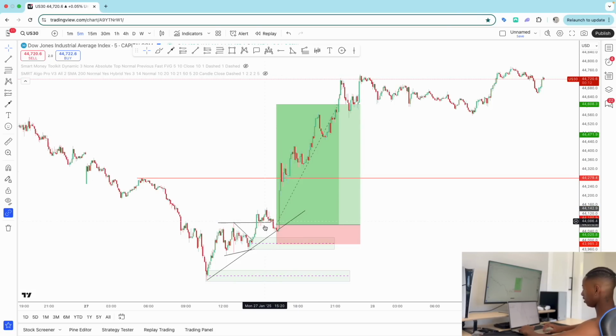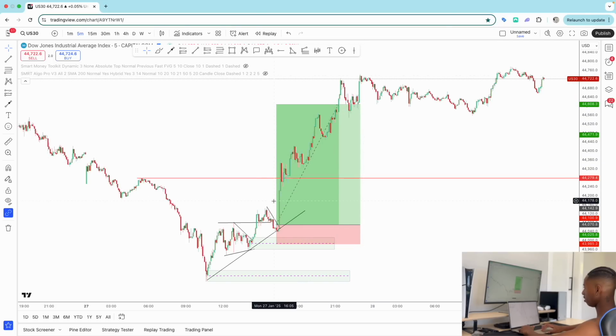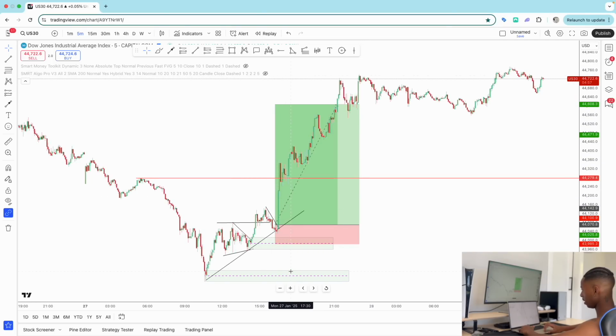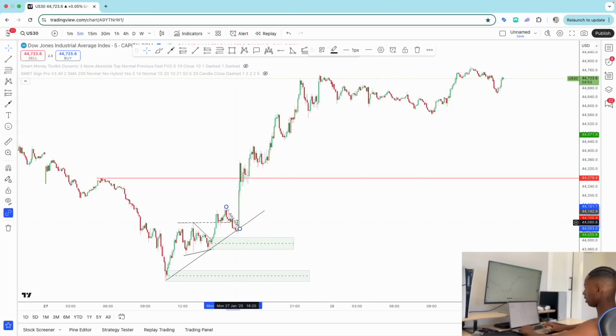Eventually it was here and I was like, guys, there's a high chance this can happen or this can happen. But look at what actually happened. Price went down, as soon as it went down this candle broke out, and it went all the way up. Instead of it coming down here, because we're looking for price at least to push down so we go up, it literally just skyrocketed upwards.